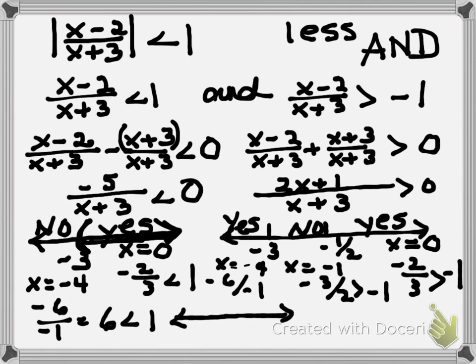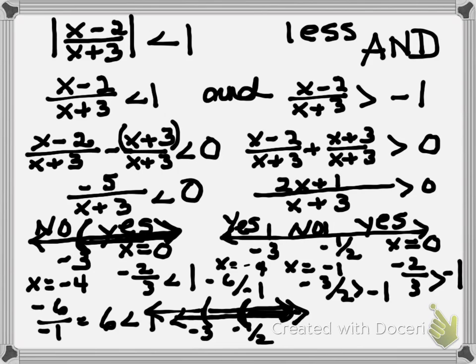We have to put the solution we have on the left and the solution we have on the right. So we have negative 3 and negative 1/2. On the left, what worked was from negative 3 to the right. What worked on the right was from negative 1/2 to the right and from negative 3 to the left. What we need to look at is what these two have in common.